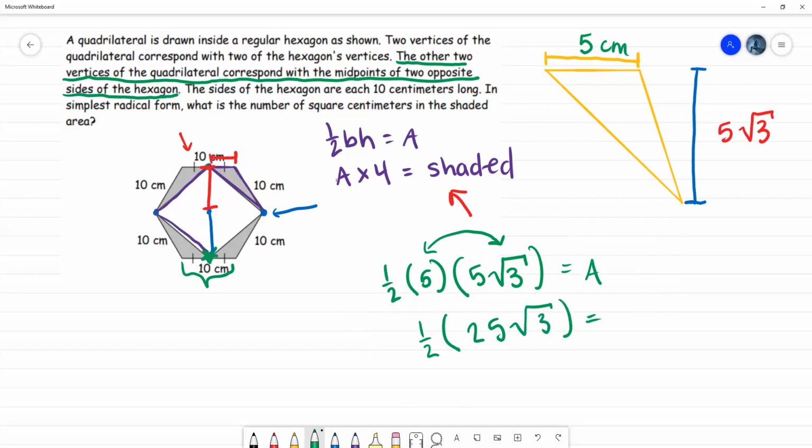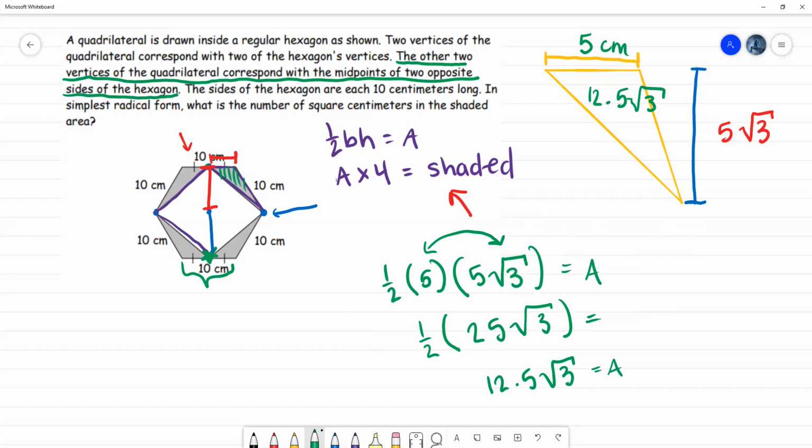Then once we have that, we take 25 square root 3 divided by 2, which is 12.5 square root 3. And that's the area of one triangle right here. So this triangle is just 12.5 square root 3. And that's only finding one of our triangles.